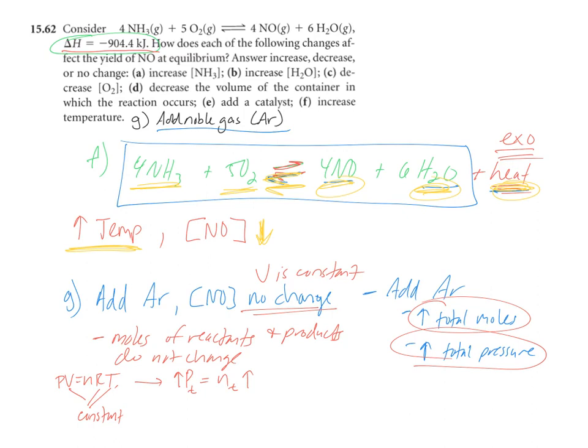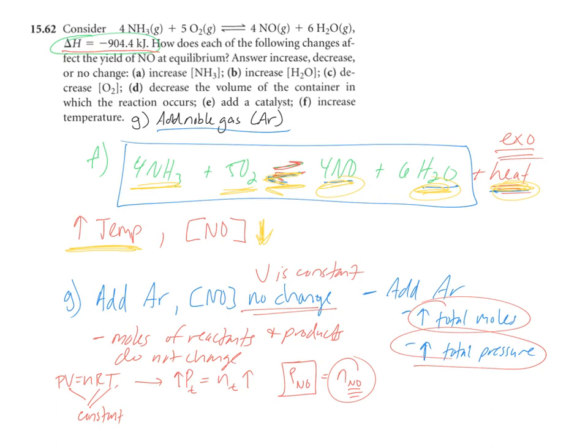And just as I can do this for total pressure, if I had my gas, its pressure depends on number of moles. Now, by adding argon, I did not change the number of moles of NO. So the pressure doesn't change. So there's no change here in pressure since I didn't add any NO.